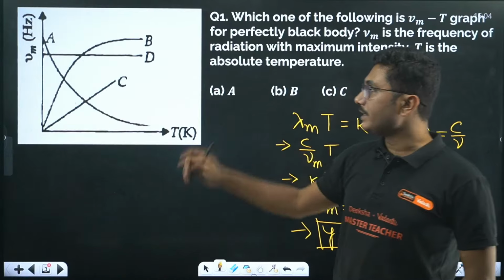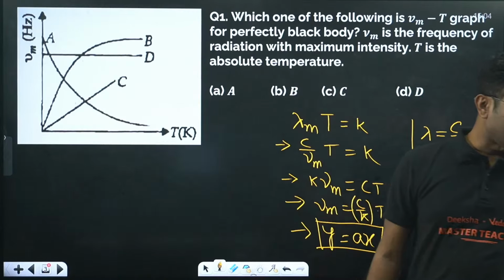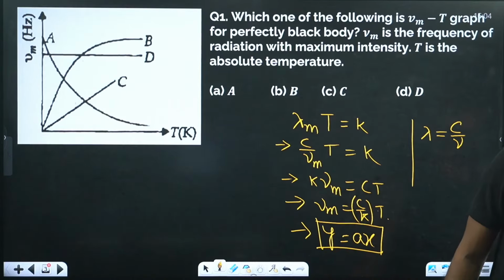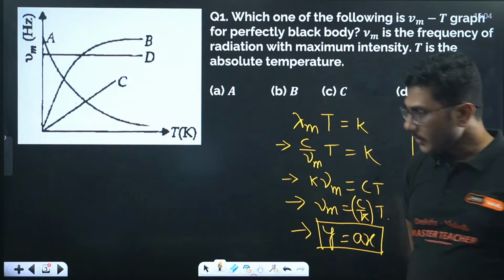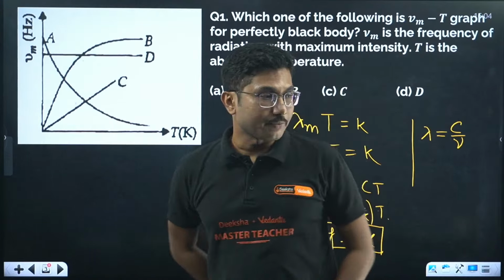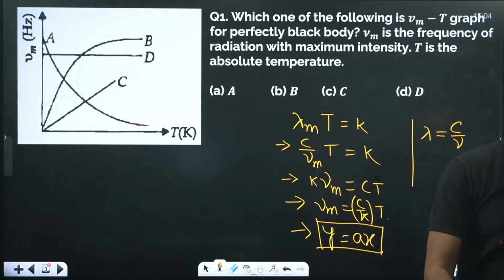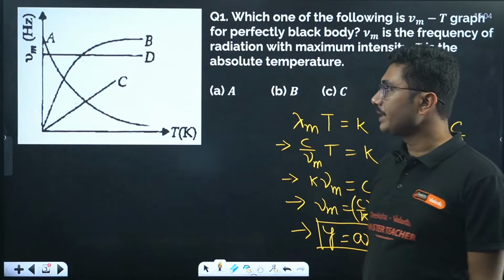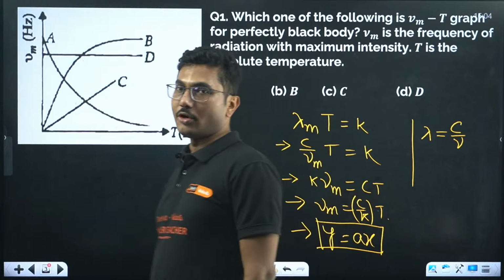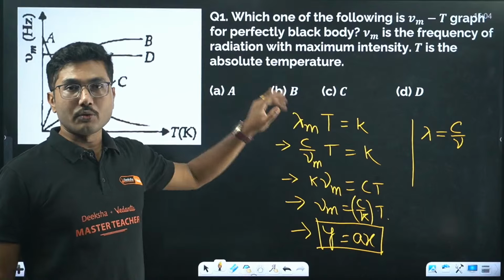Which of the lines here is a straight line passing through origin? Hello Arvind, hello Dhanashri. So now tell me, which of the graphs actually represents a straight line passing through origin? Only one graph here represents a straight line passing through origin. So remember how to approach a question.